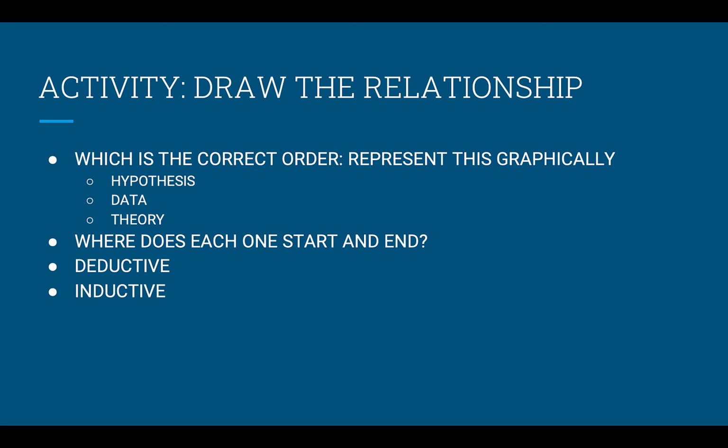So where does each one start and end, right? Where does deductive start? Does it start with hypothesis, data, or theory? Which comes second? Which is last? And with inductive, where does it start? Does it start with hypothesis, data, or theory? Right? What's the middle process and what is the end result?